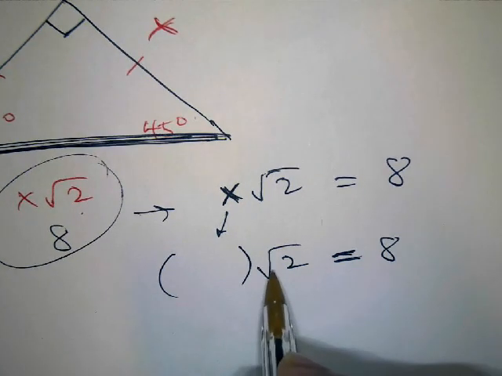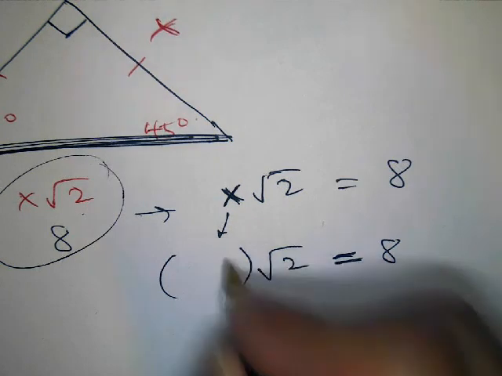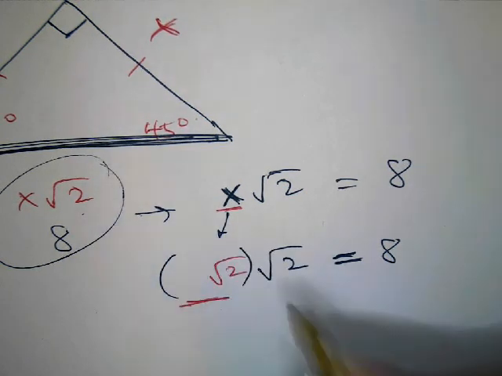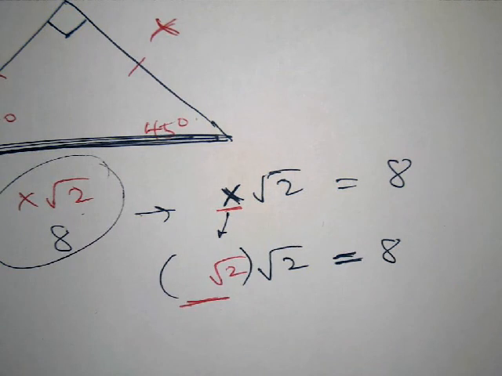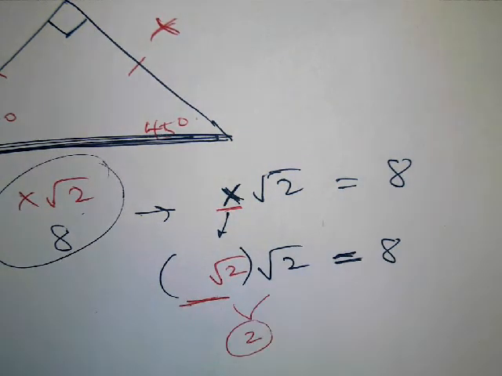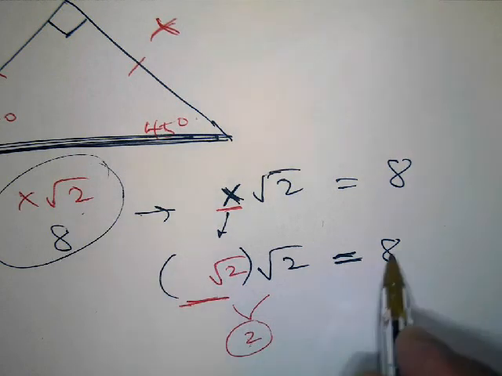And this is where you just got to use a little bit of logic, a little bit of reasoning, and just a little bit of common sense. This is not a whole number 2 yet. But I know if I include another radical 2 in my answer for x, these two together give me the whole number 2.